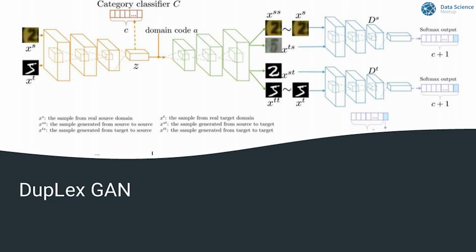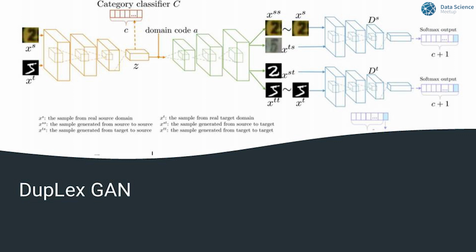You see? Try to generate an image from the other domain. This will help me build a model that when it looks at this 5, it does not really understand whether it's MNIST or SVHN. It will generate two different 5s for both domains. And this is domain invariance.